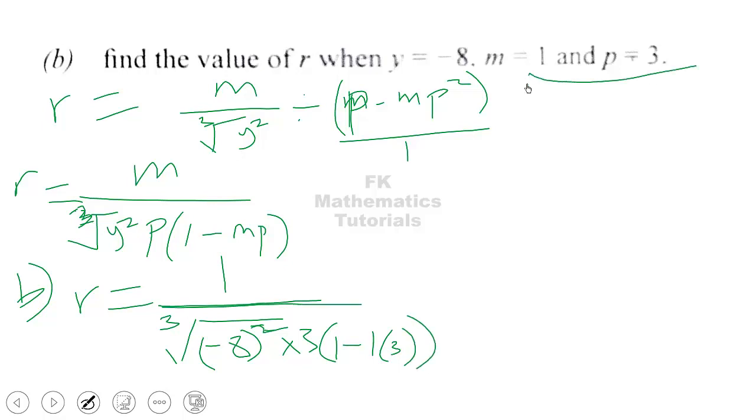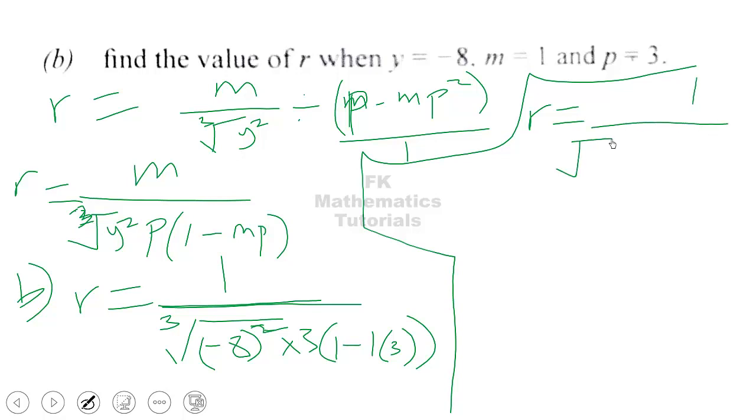So let's see what this will give us. R will be equal to 1 over the cube root of 64 times 3 times 1 minus 3, which is negative 2.